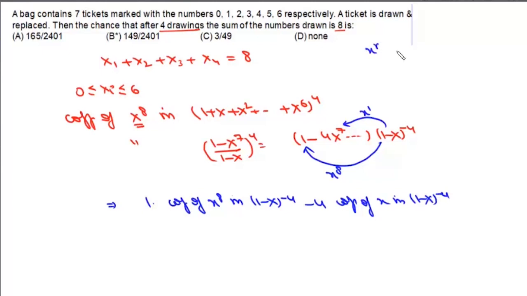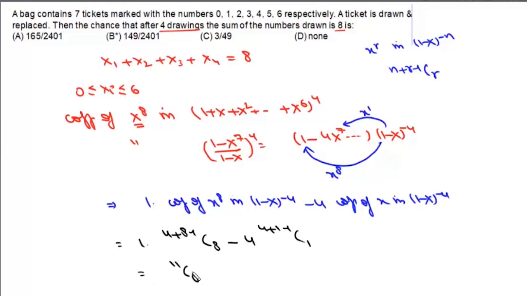Now we know that the coefficient of x to the power r in the expansion of 1 minus x to the power minus n will be n plus r minus 1 cr. So we can write this as 1 into 4 plus 8 minus 1 c8, and then minus 4 into 4 plus 1 minus 1 c1. Now this is 11c8 minus 16, and this value is 11 into 10 into 9 upon 3 into 2, minus 16.